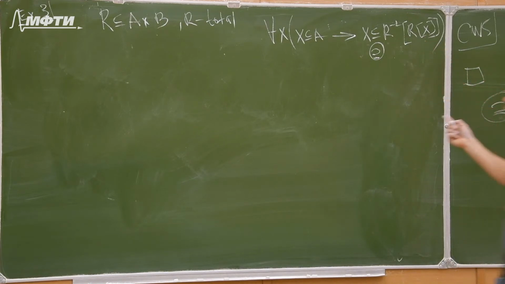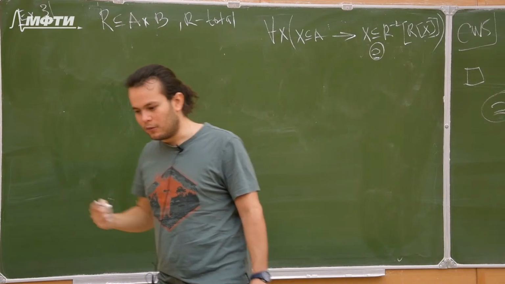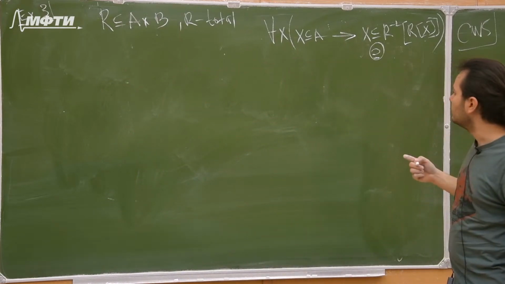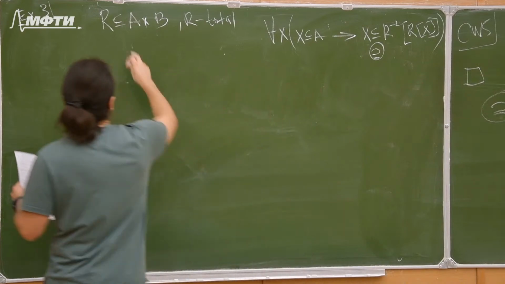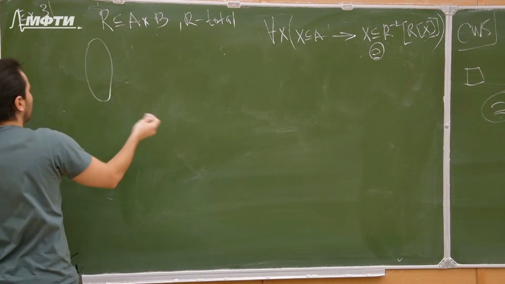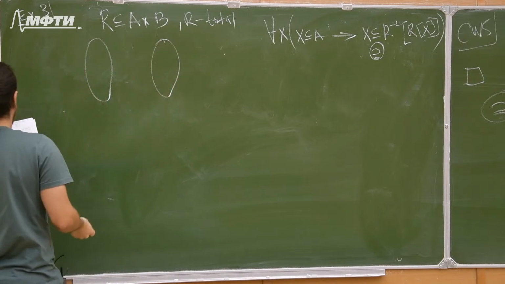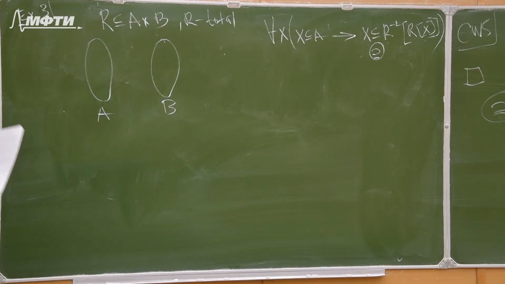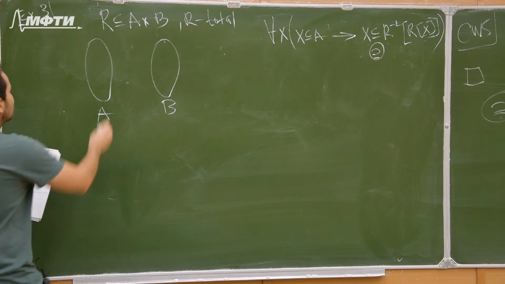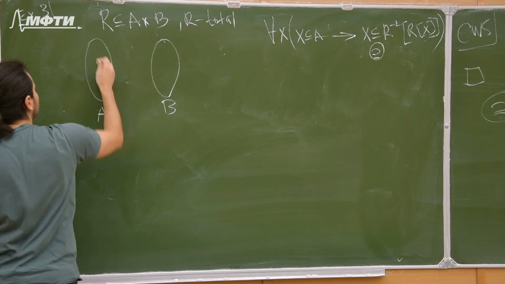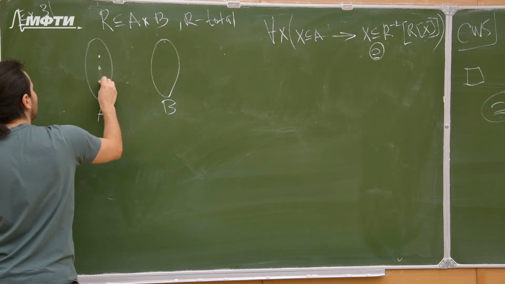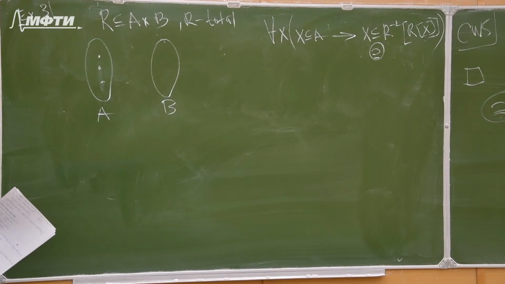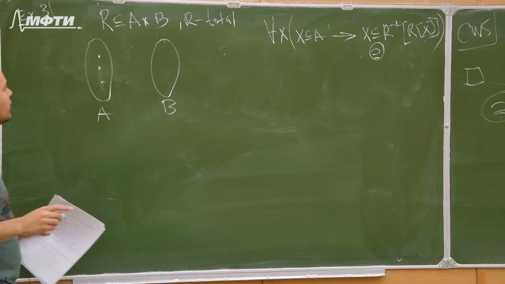But right now let's prove just that X is a subset of this, okay? And we can see this from an example. Imagine that we have R here. So this is A and this is B, right? We have A and B, and we have some relation between A and B. Let me have just three elements in A, and all we know is that R is total, right?